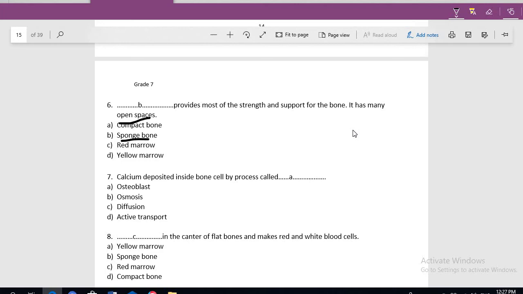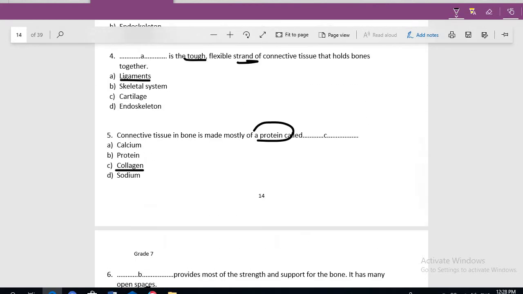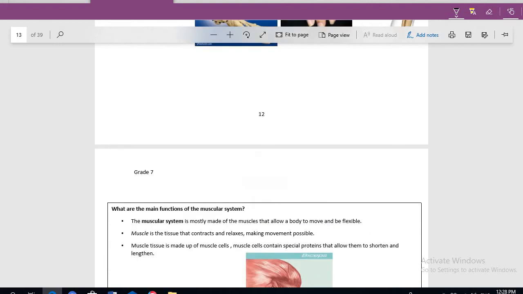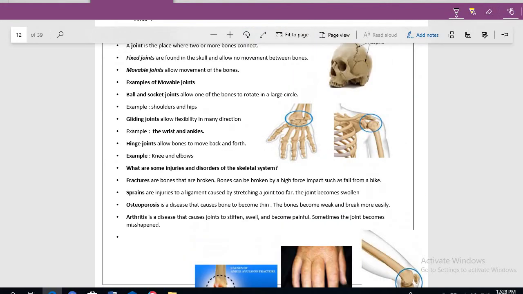Calcium deposits inside the bone cells by a process called osteoblasts. As calcium deposits or gets inside the bone by this process, this process is called osteoblast. Red marrow is a part in the bone which is responsible for producing red and white blood cells.